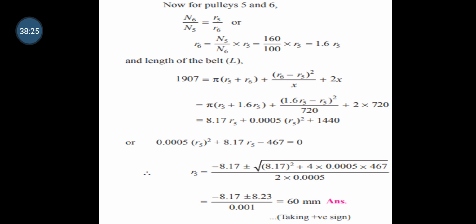By solving these in the length of the belt equation and the speed of the 5th and 6th pulley, R5 is equal to 60 mm and R6 is equal to 96 mm respectively.